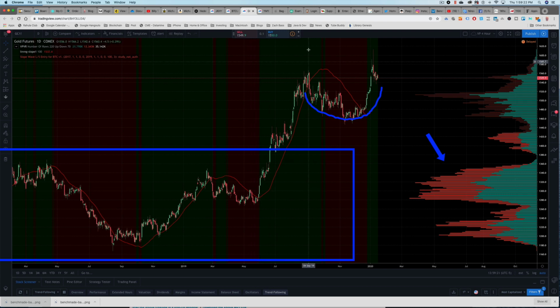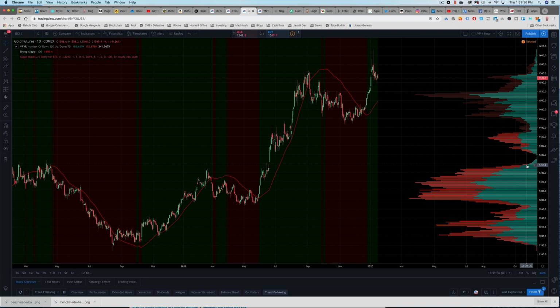I think we have this false breakout from a long consolidation, and then we're setting up for something in the future where we're going to climb that wall, that bubble wall, and maybe then that's the breakout. But to me, it just doesn't look like this.